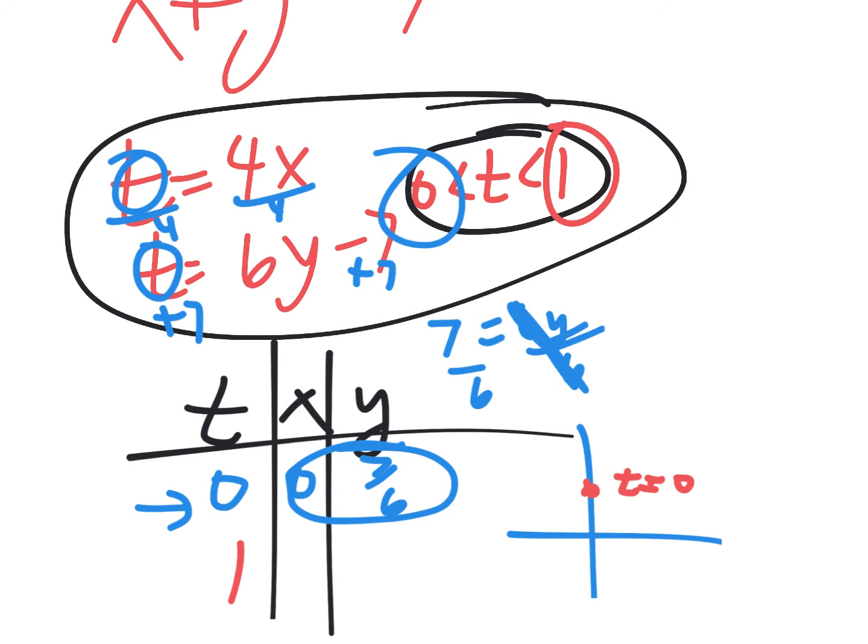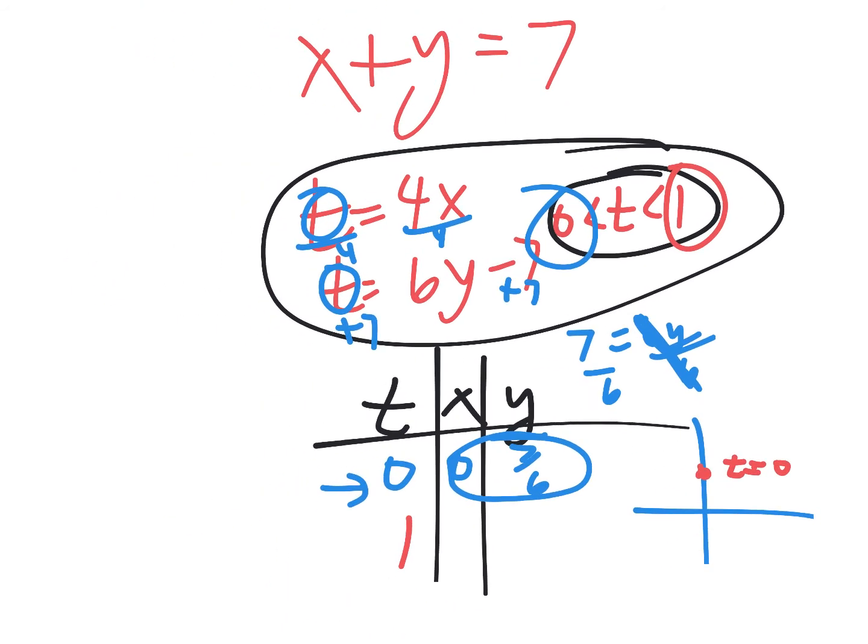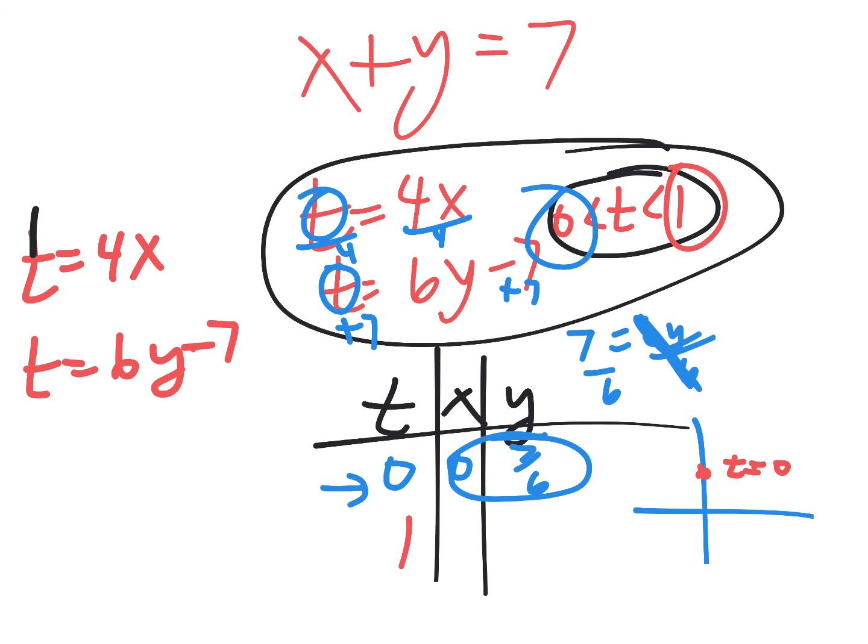If t is 1, can you solve it? If I stick in t equals 1, there's a 1 here, and there's a 1 here. So x would equal 1/4, and y would equal 7/6 again.